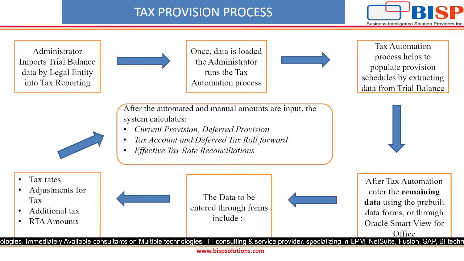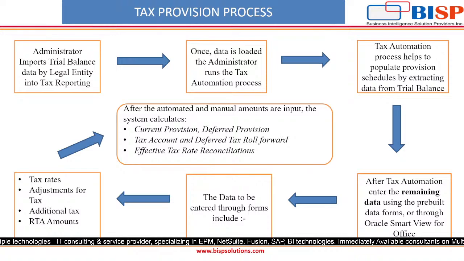The tax automation process will help to populate the provision schedule. The provision schedule will be extracted from the trial balance, and then for the automated provision schedule which has been extracted, the administrator or the user can enter the adjustments which are required in order to calculate the accurate current tax provision.